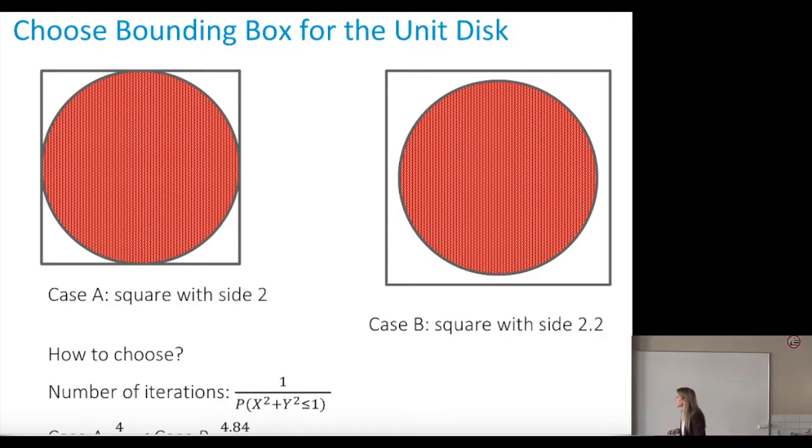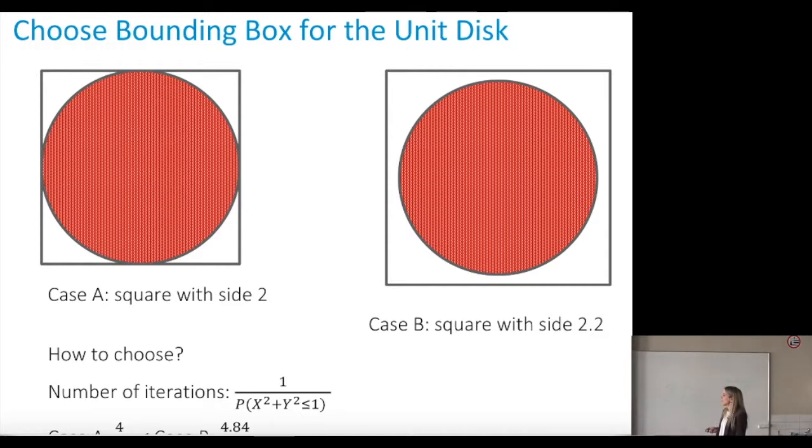We cannot see it here, but I will explain it. In the first case, in the first square, the number of iterations becomes 4 over pi, because the probability here in the first square is pi over 4. Okay, so it's 1 over pi over 4, so it's 4 over pi. In the second square, the number of iterations is 1 over pi over 4.84, so the number of iterations becomes 4.84 over pi.